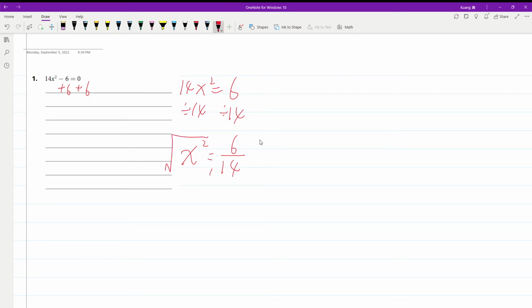However, when you take the square root of both sides, remember to add a positive and negative sign. So that will be x equals positive and negative root 6 over root 14.